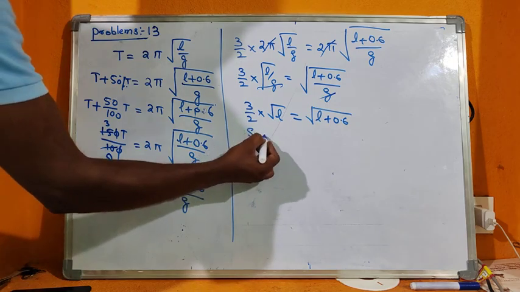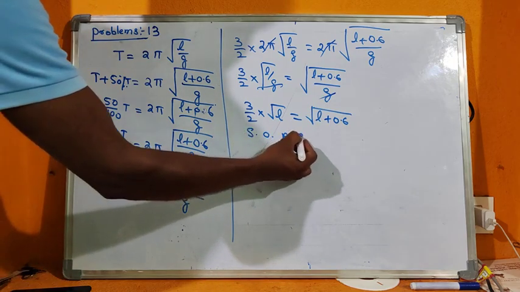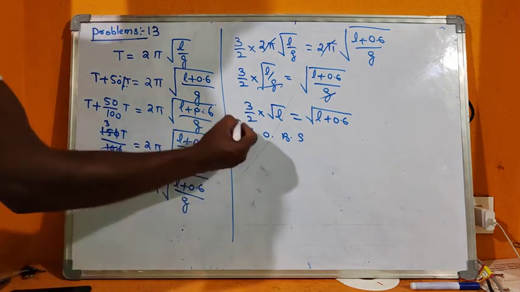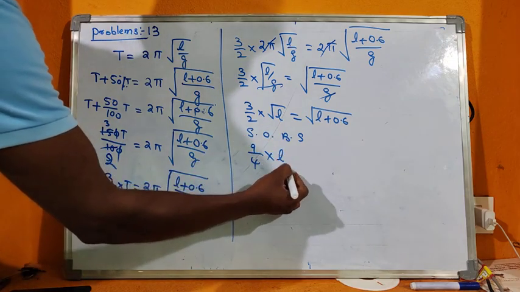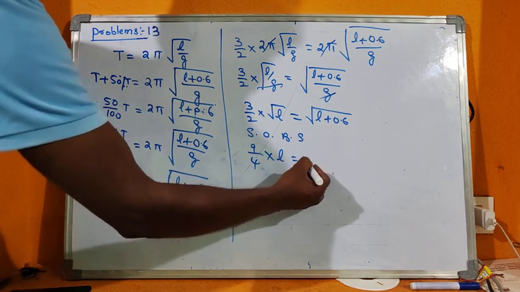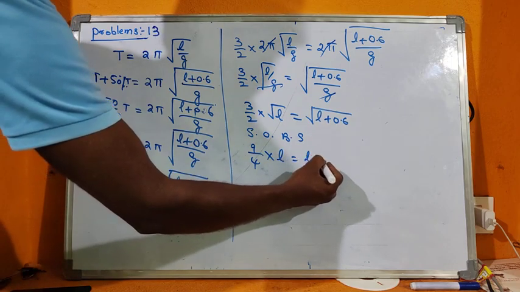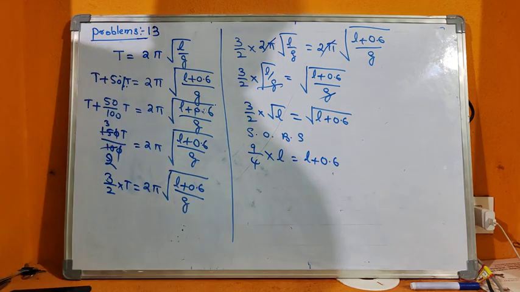Squaring on both sides, 9 by 4 into L is equal to L plus 0.6.